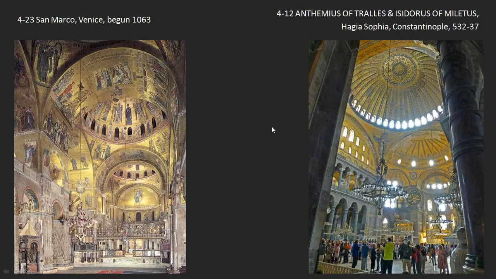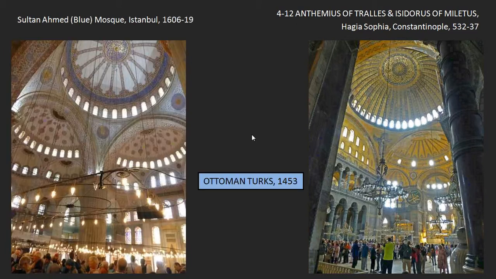And then later, when the Ottoman Turks invaded Constantinople, Hagia Sophia became the template for imperial mosques. The sultans in Turkey not only converted Hagia Sophia into a mosque, but built other monuments that were intended to rival Hagia Sophia.